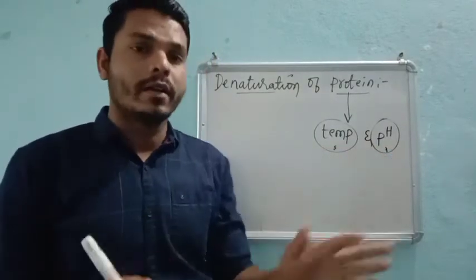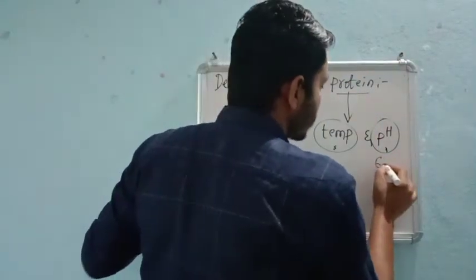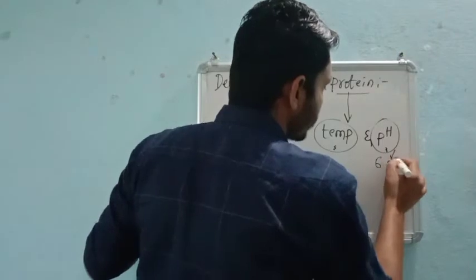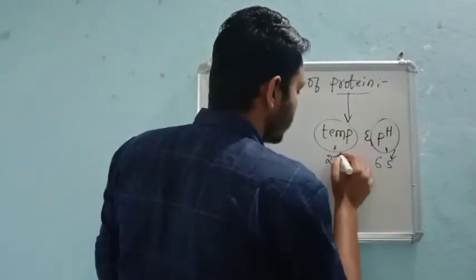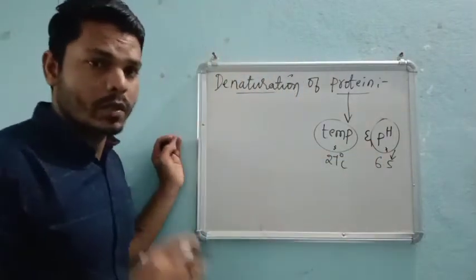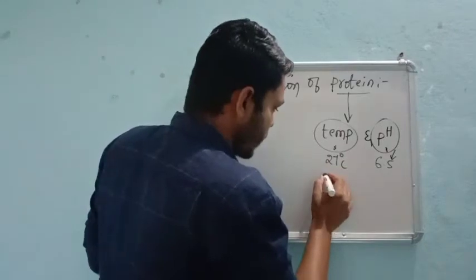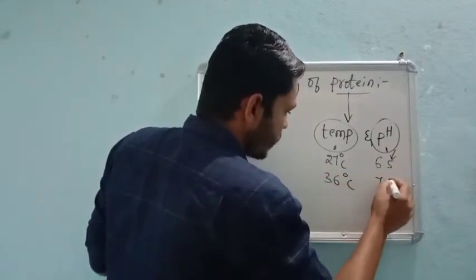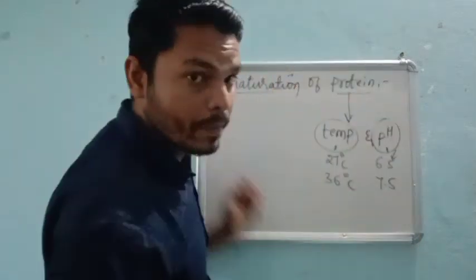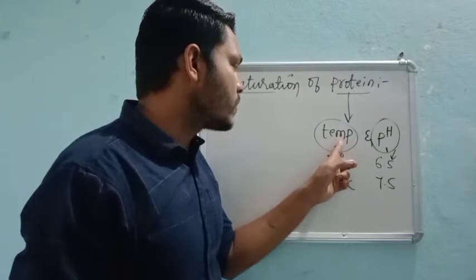Say, for example, for a particular protein we require 6.5 pH and a temperature of around 27 degrees. If I alter the temperature from 27 to 36 and 6.5 to 7.5, what happens? Definitely a change will take place.